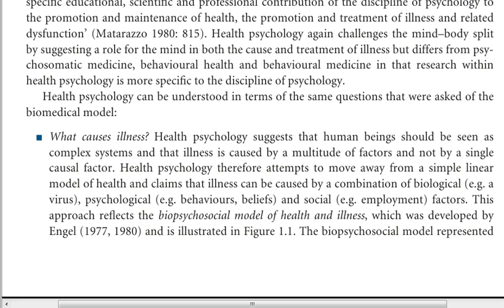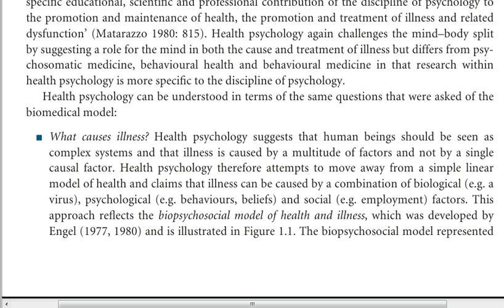Health psychology therefore attempts to move away from a simple linear model of health and claims that illness can be caused by a combination of biological, e.g., a virus, psychological, e.g., behaviors, beliefs, and social, e.g., employment factors.